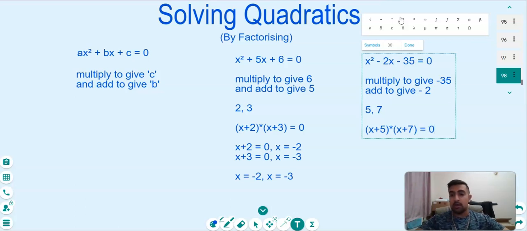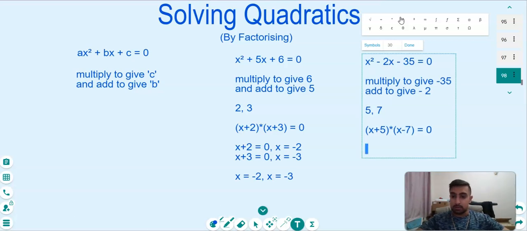So, we could either have positive 5 and negative 7, or we could have negative 5 and positive 7. And if you're not sure which one, I recommend just doing the calculations out in your head. So if we have positive 5 and negative 7, that gives us minus 2. And minus 2 is the number that we're interested in. So we know in this case we need to change our second set of brackets from x plus 7 to x minus 7.